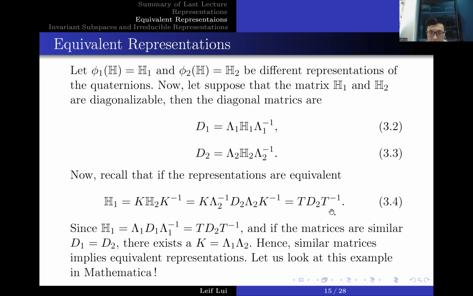We get this expression where T is equal to K times lambda sub 2 inverse, and T inverse is the inverse of both of these with the order of multiplication swapped. Since these two expressions are equivalent, if the matrices are similar, D1 equals D2, there exists a K equal to lambda 1 times lambda 2 such that the matrices are similar, which means that similar matrices imply equivalent representations. And with this, let us look at an example in Mathematica.